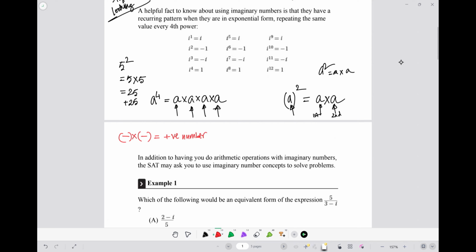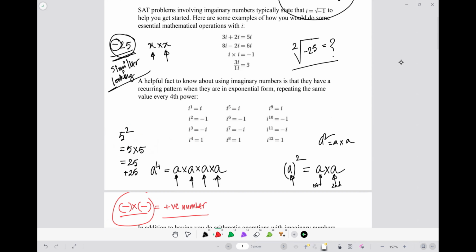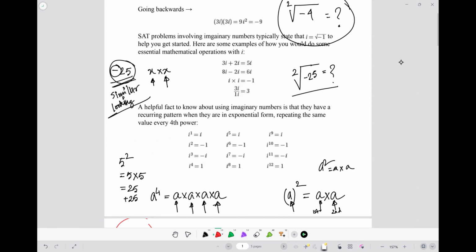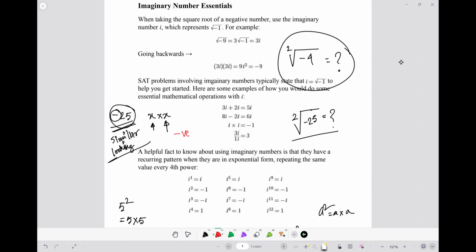So whenever you multiply a negative number with a negative number, you get a positive number. So is it really possible to get a negative answer while multiplying two similar numbers?